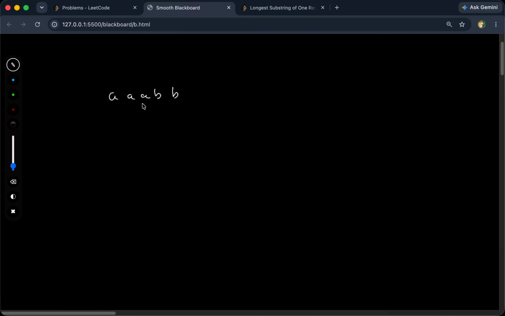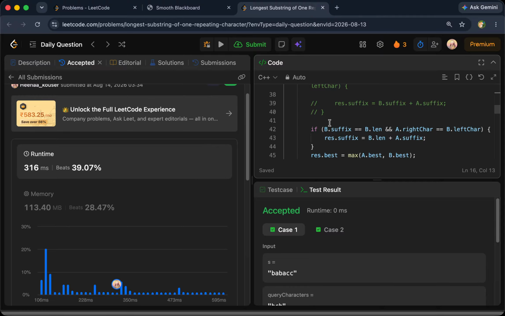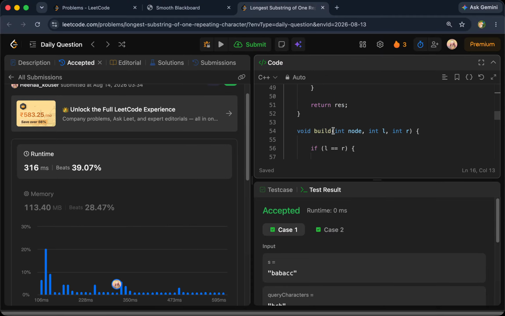For every segment we store only a few things: left character, the first character of the segment; right character, the last character; prefix, the same character from the beginning; suffix, the same character from the end; best, the longest same-character substring inside the segment; and len, the length of the segment.